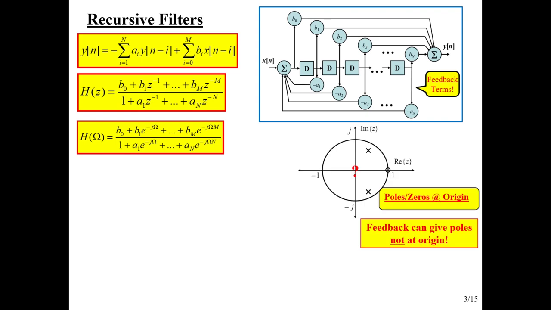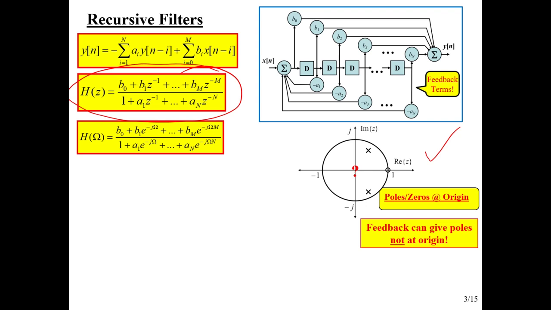Now, from this, remember I showed you the roadmap of all the different viewpoints of a system. I did that back in the review. And so we have the transfer function giving us a view of the pole zero diagram.